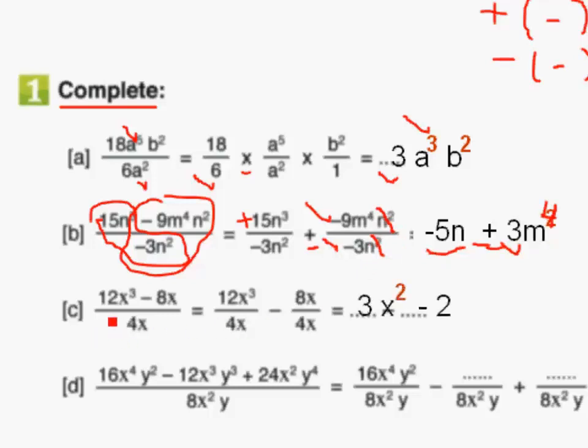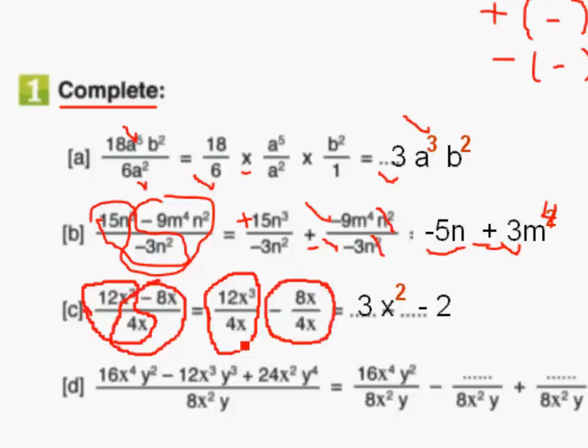In this case, also we divide this into two terms like this. And for this one, 12 divided by 4 is 3. X to power 3 divided by x is x to power 2. We have minus. 8 divided by 4 is 2. And x divided by x is 1.